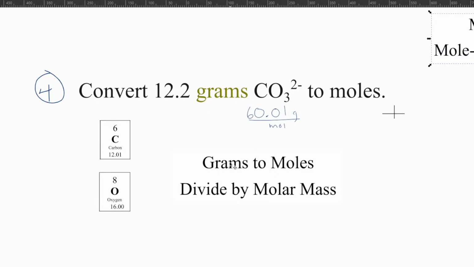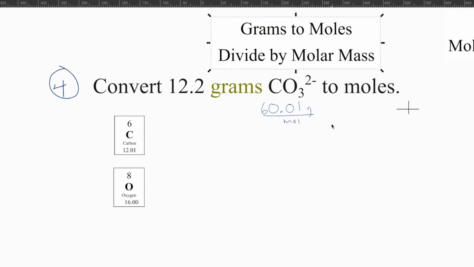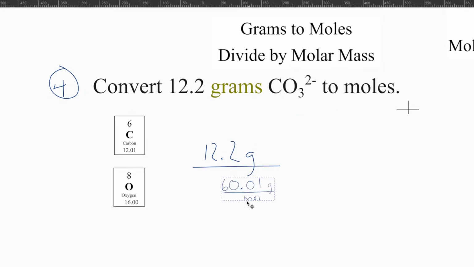So let me show you that because it gets a little weird with the units here. We'll take our 12.2 grams and we're going to divide by the molar mass here. So let's put that over the molar mass, make it a little bigger. And so we're just dividing 12.2 by 60.01. So that would give us a number.